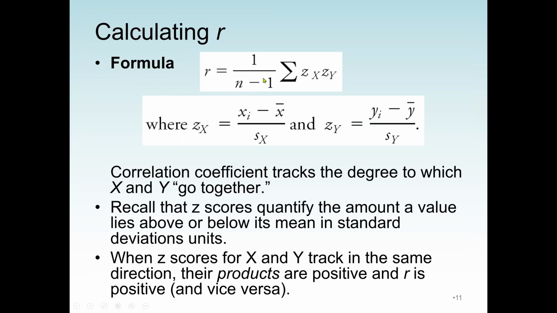So it's 1 over the sample size minus 1, then the sum of the z-score of X times the z-score of Y. To find the z-score, we take xi minus the mean, divided by the standard deviation of the X values. Same thing for each Y value: minus the mean, over the standard deviation of Y.